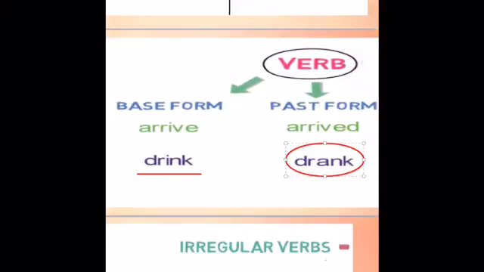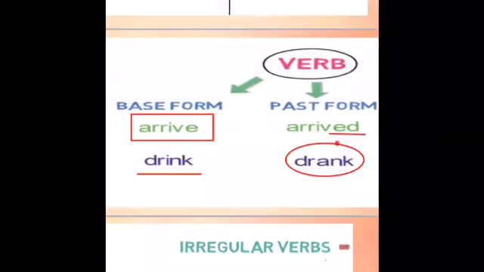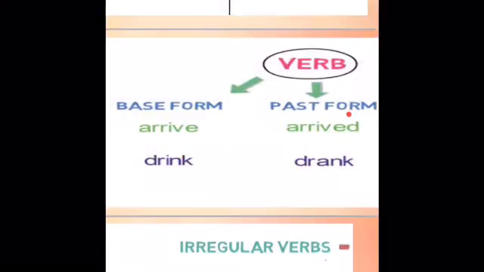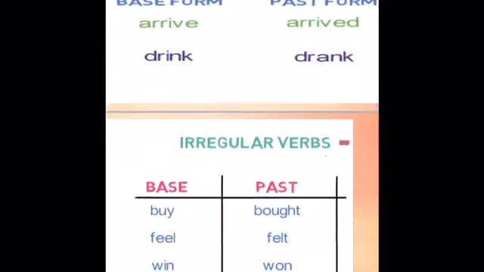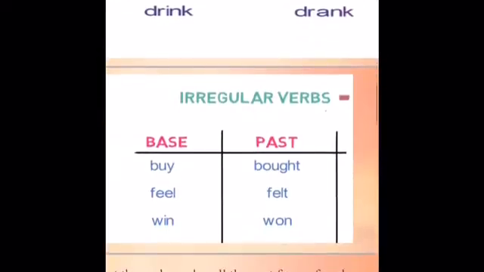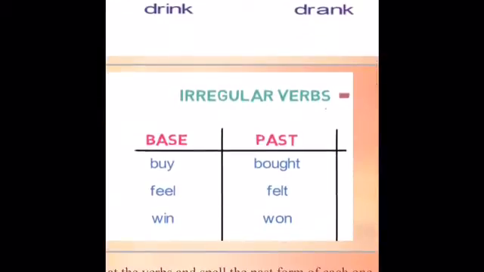The first one, arrive, is a regular verb because it ends with ed. And the second one is an irregular verb. Why? Because it doesn't end with ed like a regular verb. Okay guys, so it's pretty easy for you to identify when a verb is regular and when it's not.